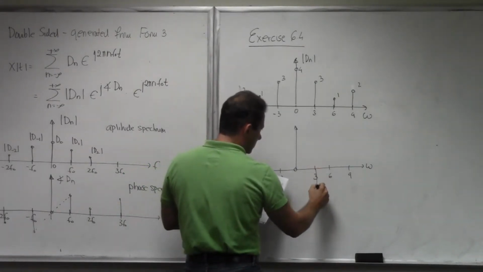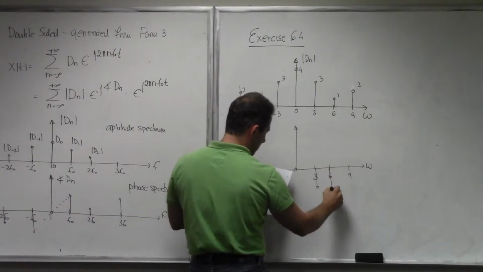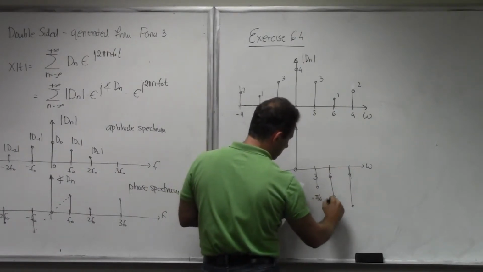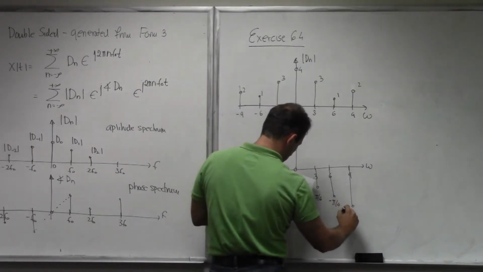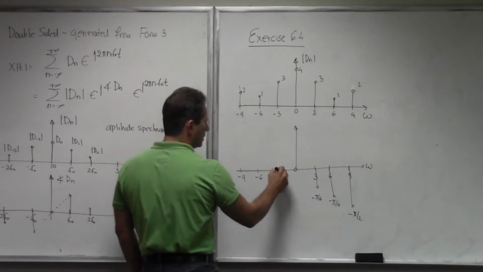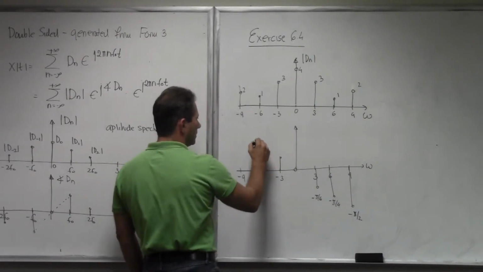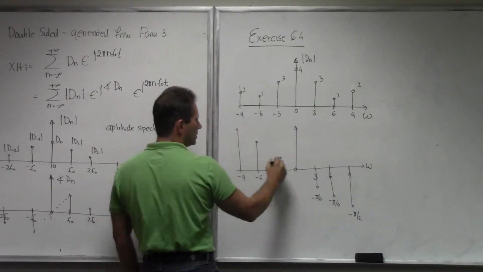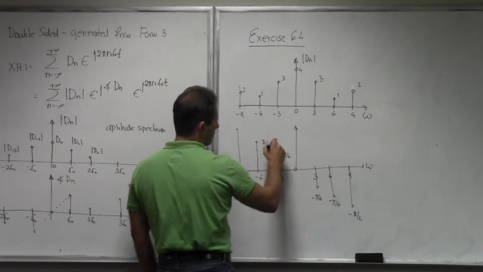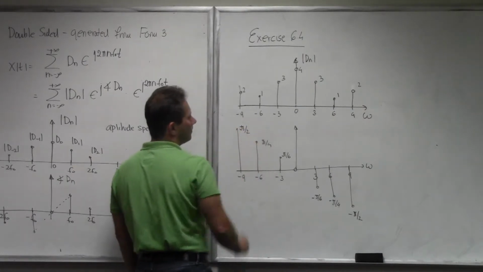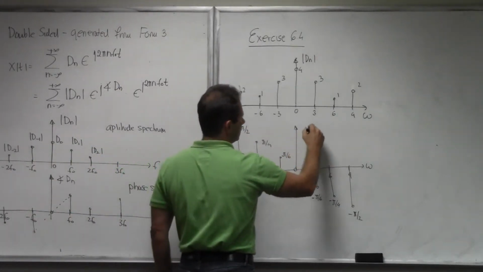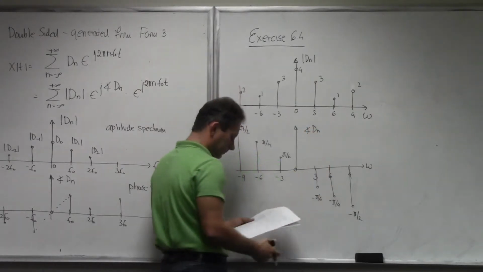And I'm given values here: minus pi over 6, minus pi over 4, and minus pi over 2. And since this is a real signal, these need to be on the other side. So this is now pi over 6, this is pi over 4, this is pi over 2. Okay? So that's my angle of Dn.